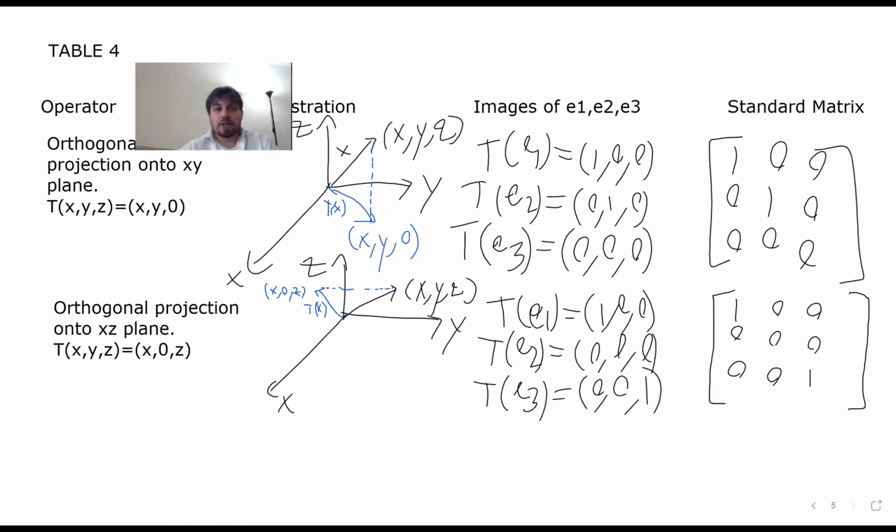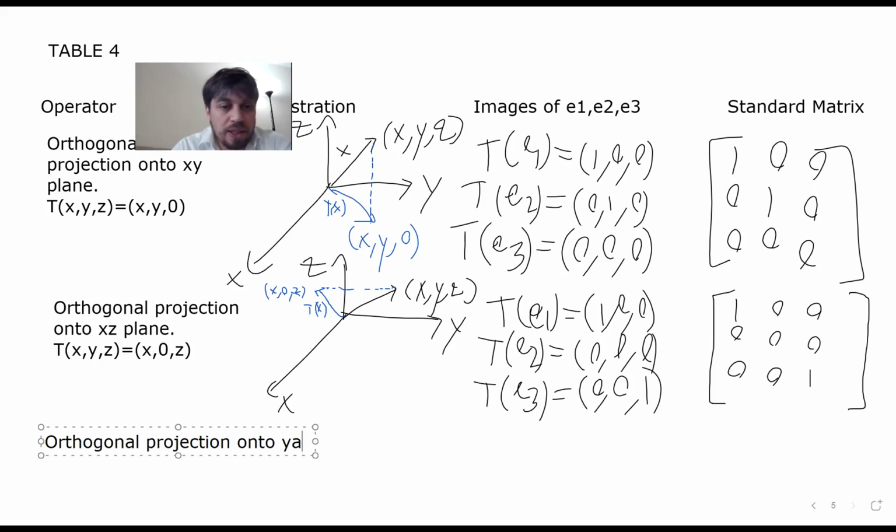And now the third one in table 3 is the orthogonal projection onto the yz plane. Okay, and that's represented by T of x, y, z is equal to 0, y, z.